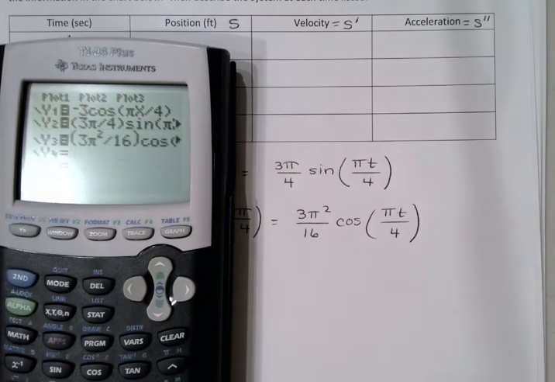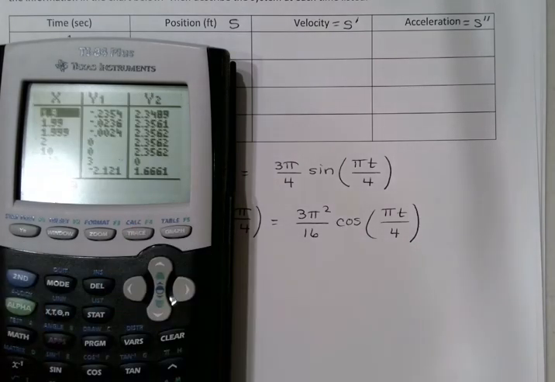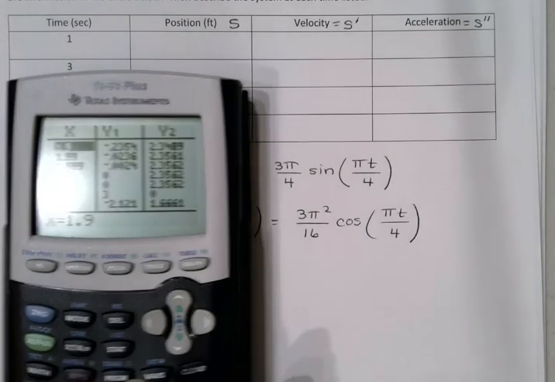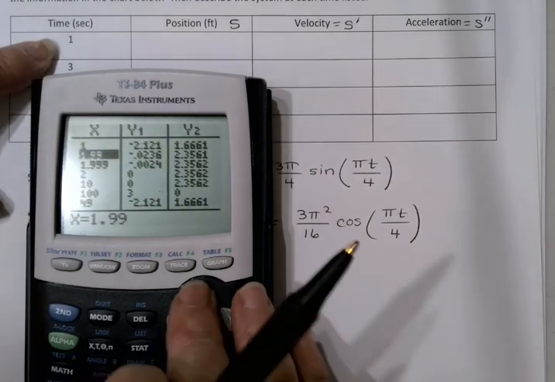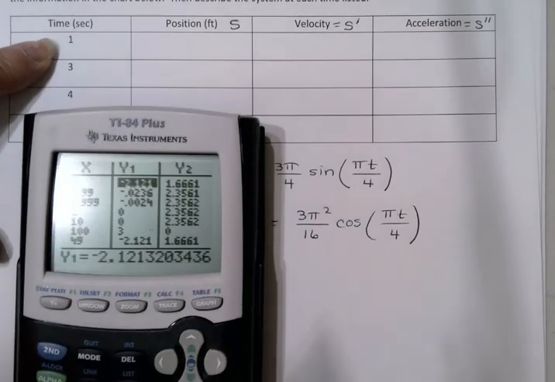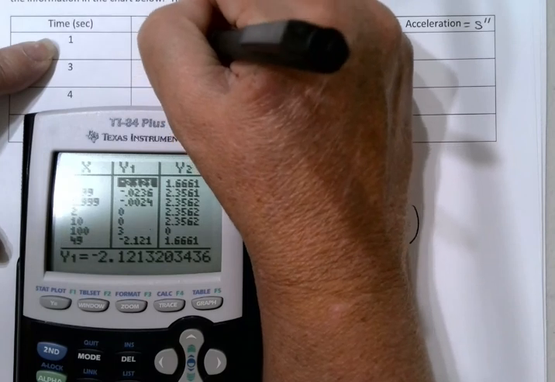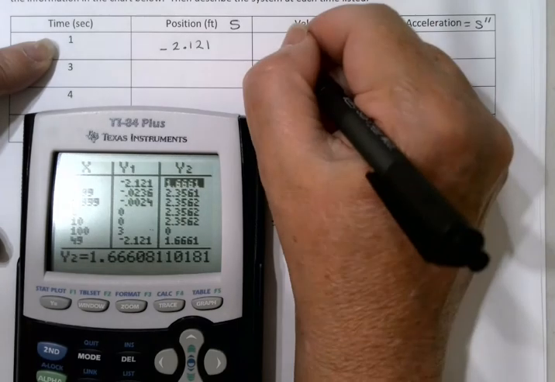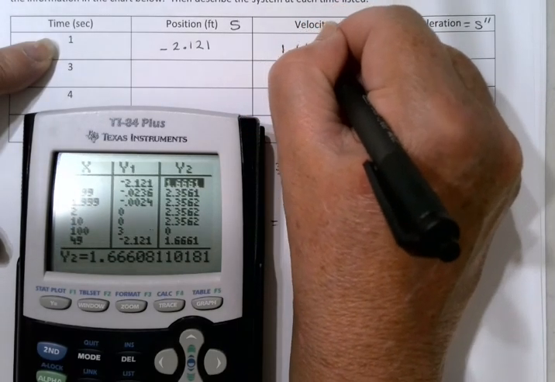All right, so I've got them all in there. If I now go to my table, I can plug in whatever I want. And the first thing I want to plug in is the time of 1 second, so that would be an x of 1. And then notice I should just be able to go right across. My first one was s, so -2.121. The second one is velocity, 1.666.